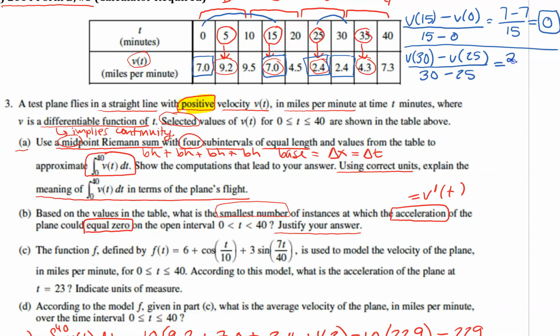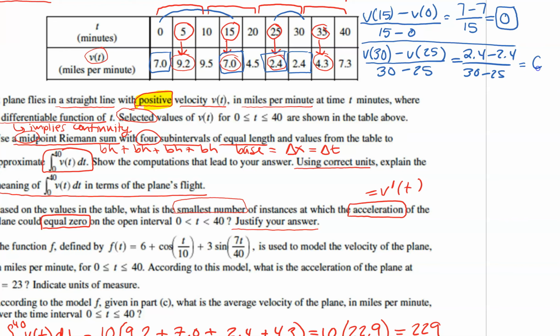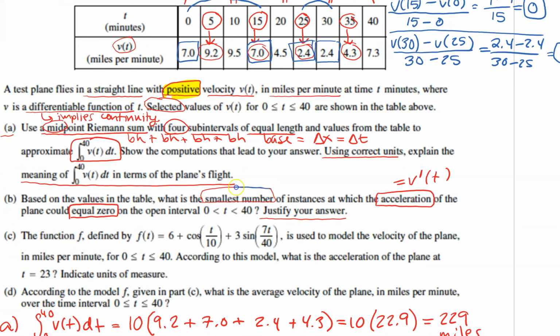Again, we would have 2.4 minus 2.4 over 30 minus 25 is 0. And that would be a second instance where the average acceleration, the average change in velocity over change in time, is 0. So these are two places where the average acceleration of this plane is 0. So the answer to this question is 2. That's the smallest number of instances, but now we have to justify it.